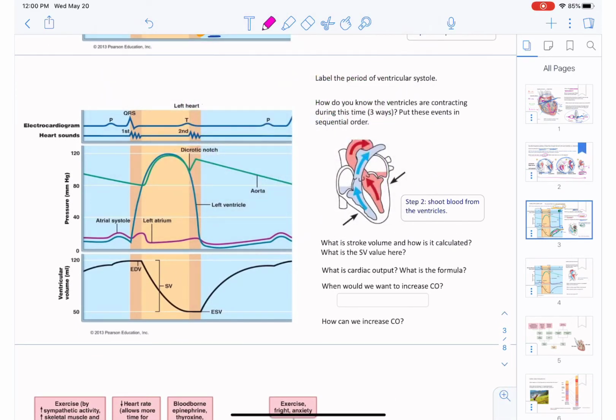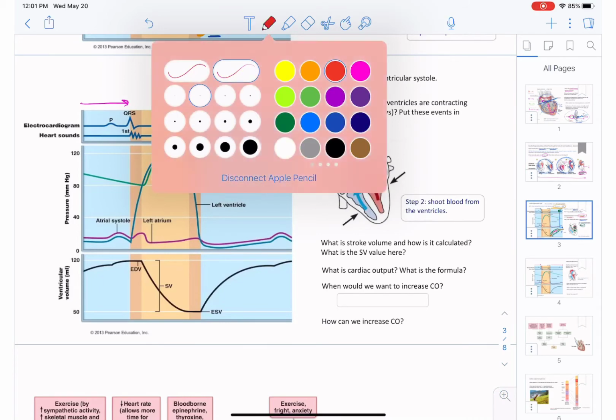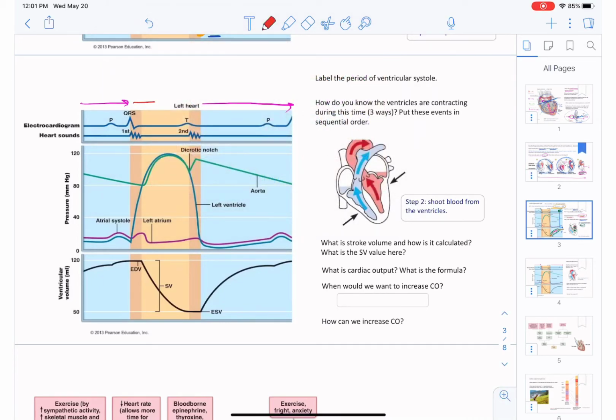All right, all of that was ventricular filling. And the reason we want to fill up the ventricles is because we want the ventricles to contract and to shoot that blood through the pulmonary and systemic circulations. And so this next step here, the remainder of this cardiac cycle, represents ventricular systole.